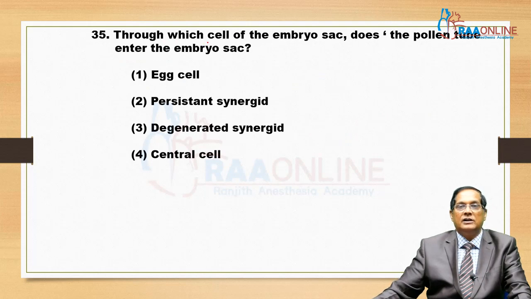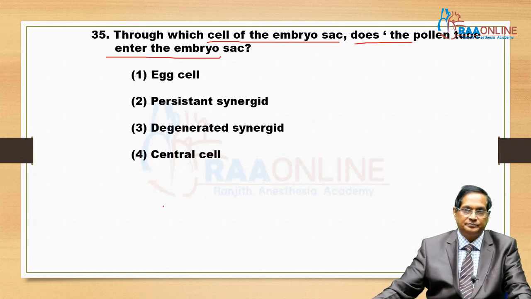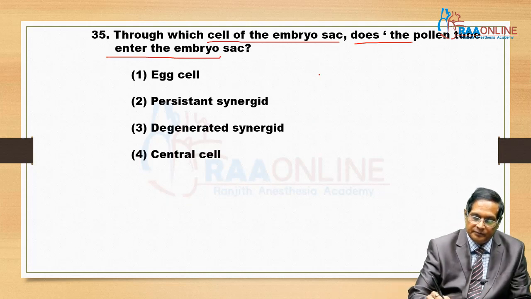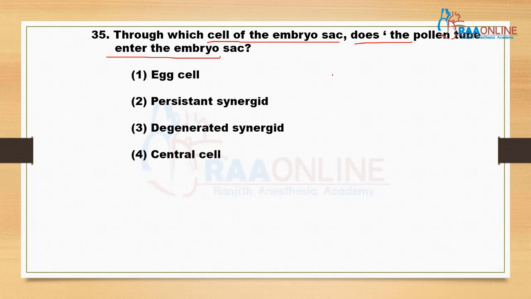Through which cell of the embryo sac does the pollen tube enter? Check it. This is the stigma, style, and the swollen base is the ovary.